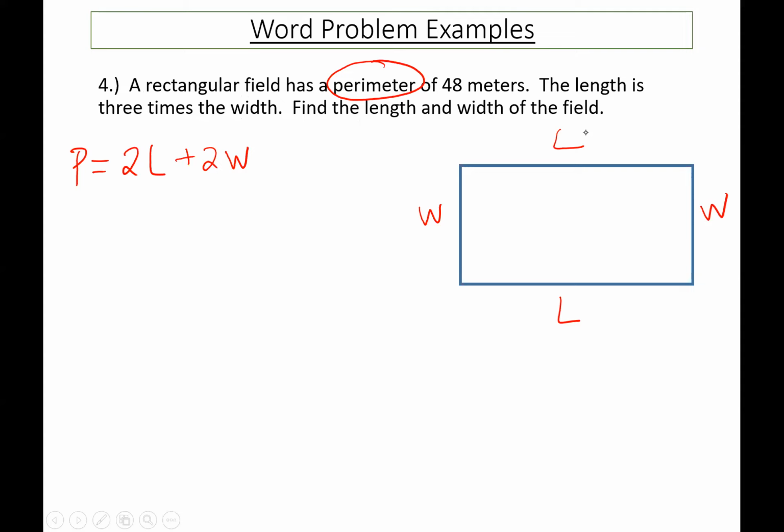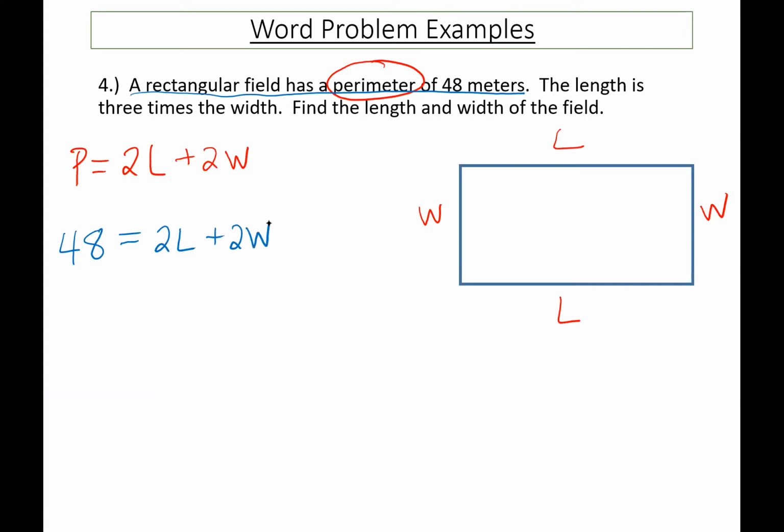Okay, so probably want to read that again, but what I would like it to tell you is we need to now come up with our own system of equations based on the words we just read. The first sentence will give us our first equation. So a rectangular field has a perimeter of 48 meters. Okay, so I can write 48 equals 2L plus 2W.